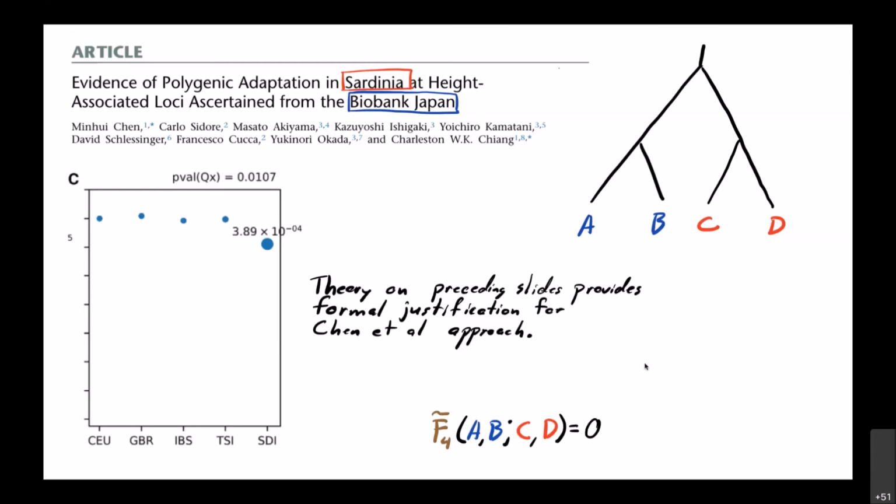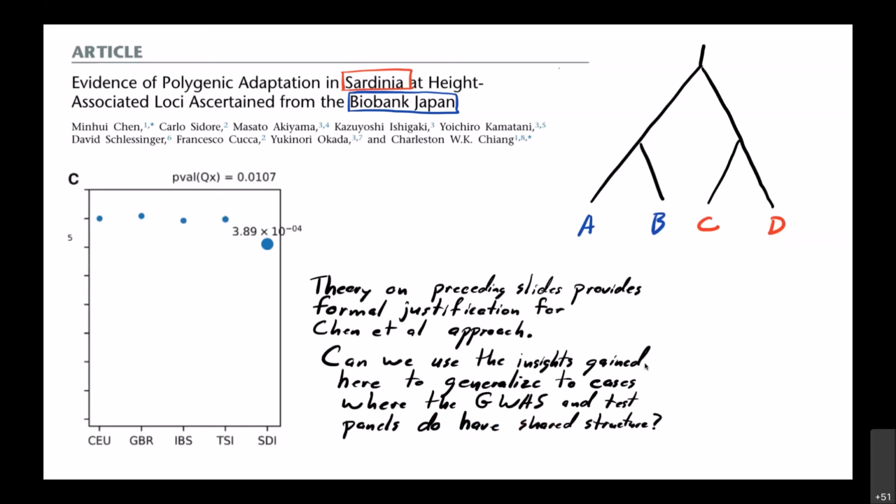Now, of course, an issue here is that they don't necessarily know that this is true. It's reasonably well justified from our understanding of patterns of population structure and histories of human migration, but there's no formal test showing that this is actually true. It's still a hope and worry kind of situation, right?